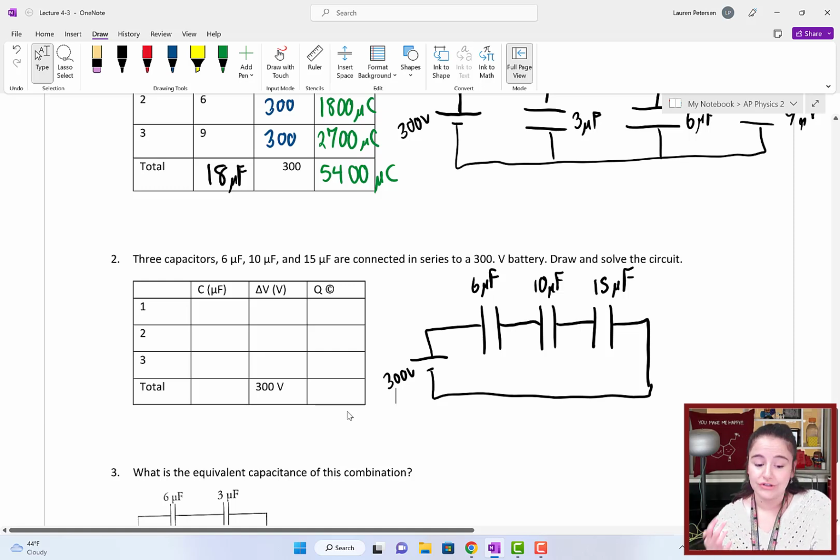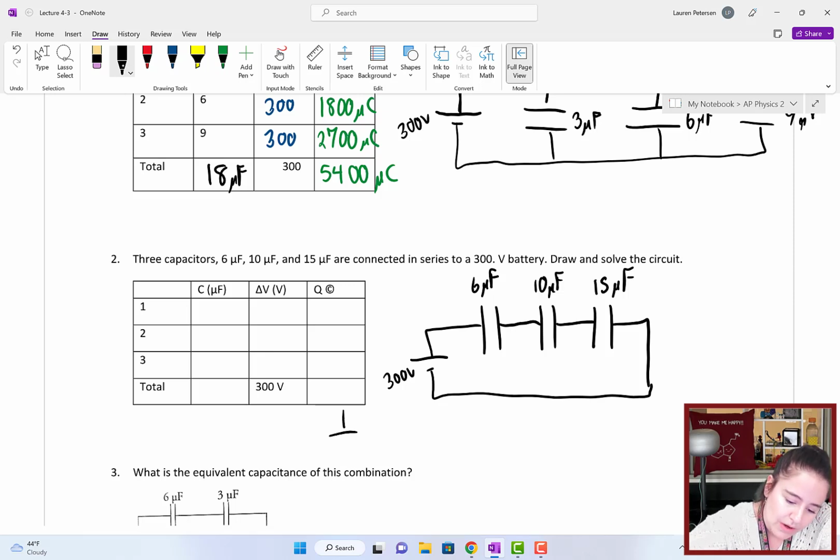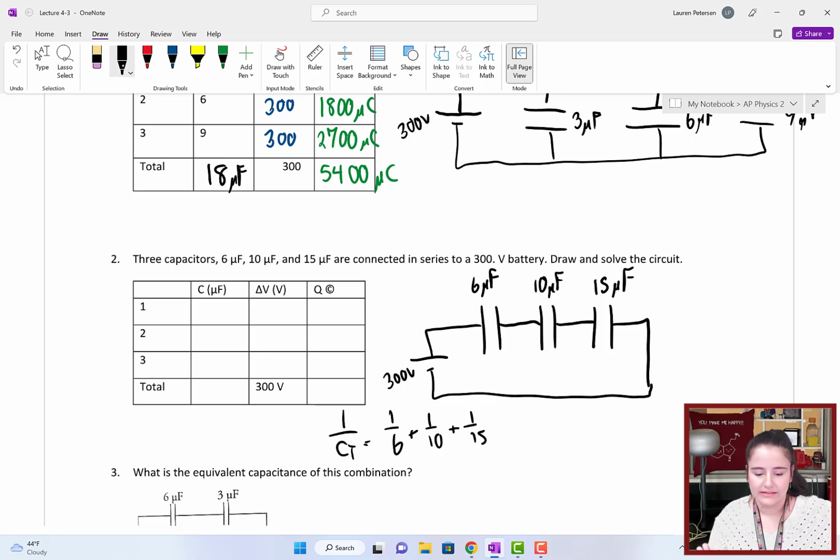So what we need to do first, the only thing we really can do first, is calculate our total capacitance. So 1 over C total equals 1 over 6 plus 1 over 10 plus 1 over 15. I can plug that into my calculator: 1 over 6 plus 1 over 10 plus 1 over 15, and 1 divided by that gives us a total capacitance of 3 microfarads.